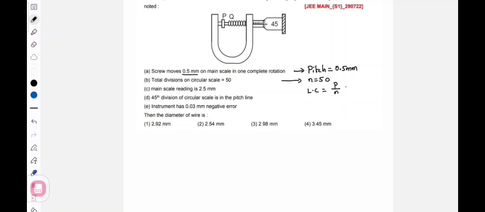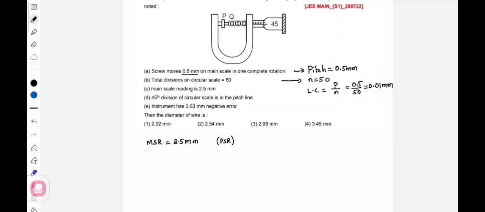Pitch by N, which is 0.5 by 50. I'll get again 0.01 mm. Now, main scale reading is given as 2.5 mm, also called pitch scale reading.